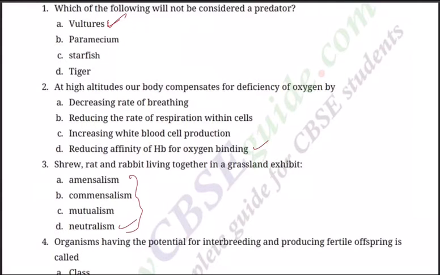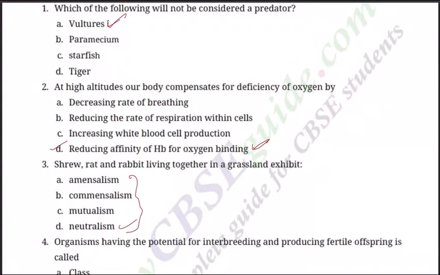I think again the answer should be D, because the affinity of hemoglobin with oxygen makes oxyhemoglobin. But as a person goes to high altitudes, there will be deficiency of oxygen, and as a compensation, if the affinity between hemoglobin and oxygen is reduced, the oxyhemoglobin breaks and free oxygen is available to the person. This is the logic behind this. So the answer has to be D.